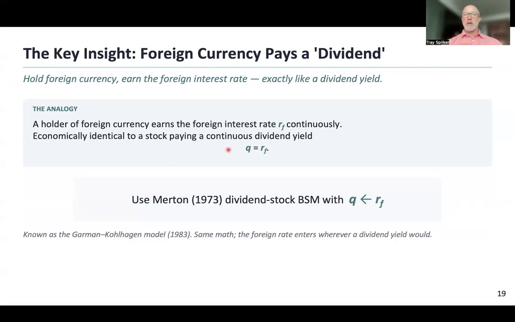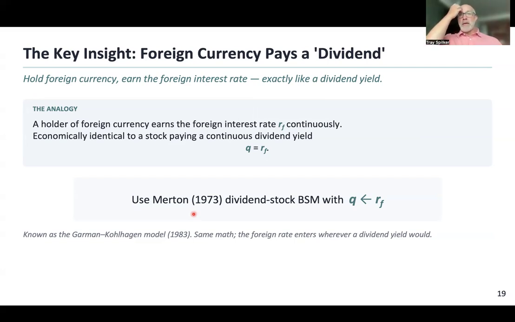And so we're going to think of the foreign risk-free rate of interest, RF, as being equivalent to that dividend yield, Q. We can effectively just replace it in all the formulas and go on as if nothing has really changed. So when we price options on currency, we can just reuse the Merton 1973 model on dividend-paying stocks and replace Q with the foreign rate of interest.